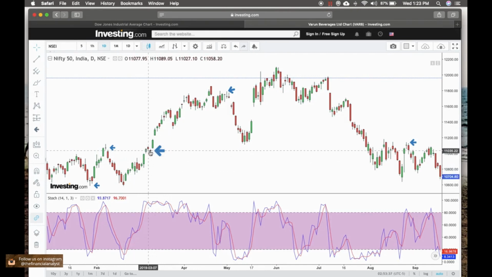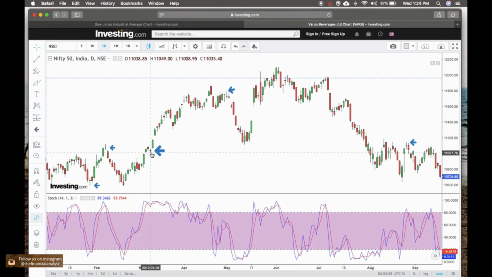However, prices after the doji started to make a very high level. So whenever we are using the doji, we should always use it in conjunction with other indicators and oscillators to basically negate the effect of any false signals.